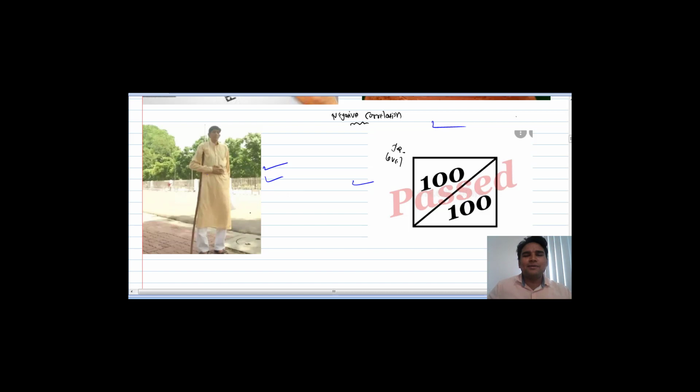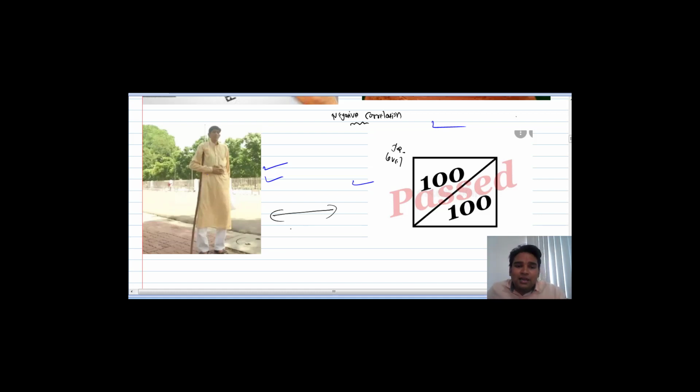Now you can see the height of the person is more. It is not necessary that if the height of the person is more, the IQ level is also high, or if the height of the person is low, IQ is also low. There is nothing like that. That means this is the exception. In these two variables we did not find any correlation.